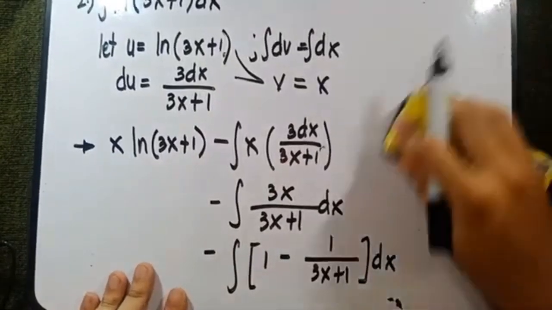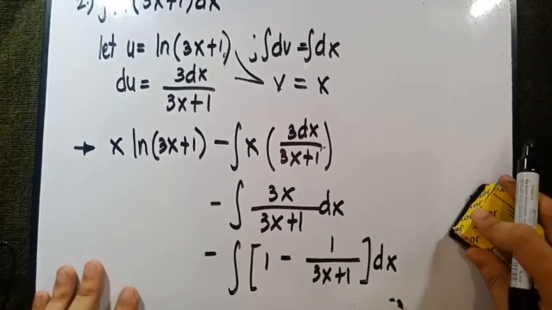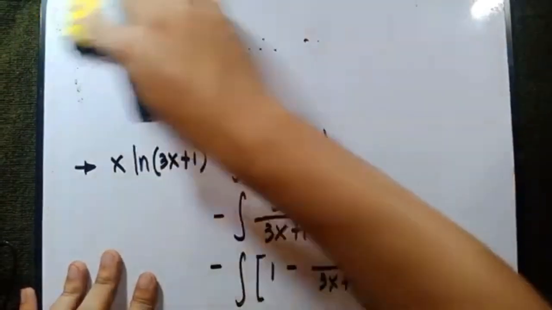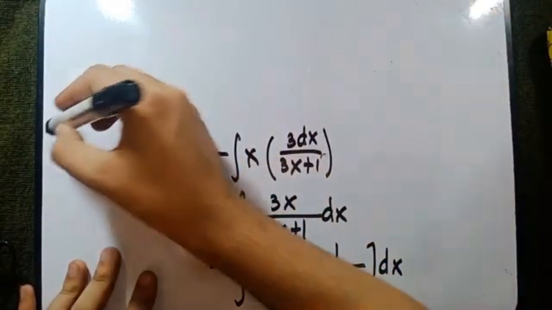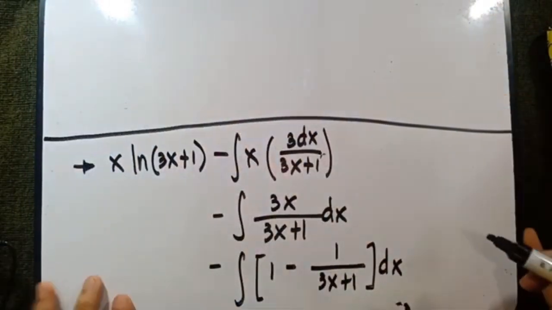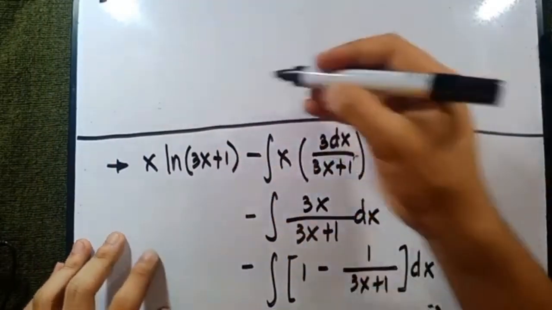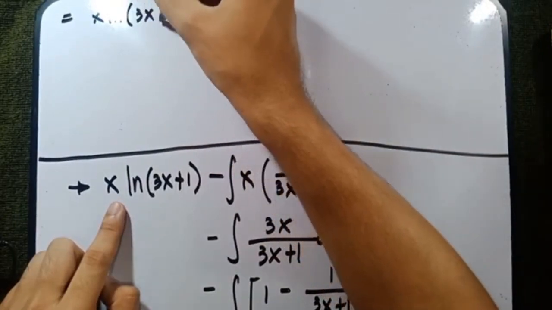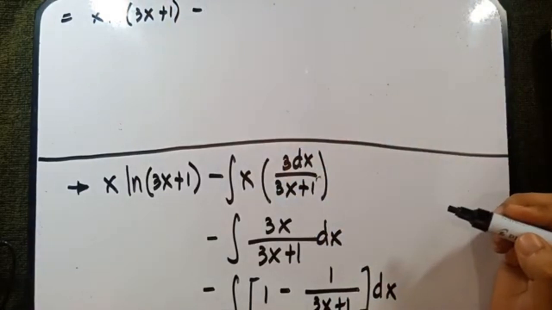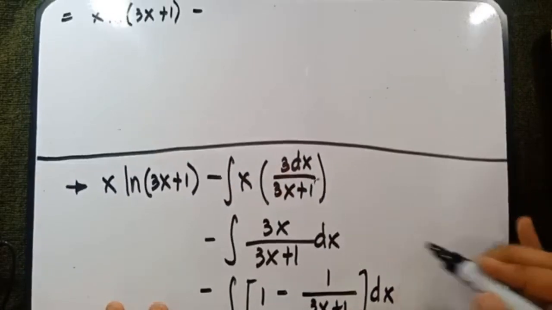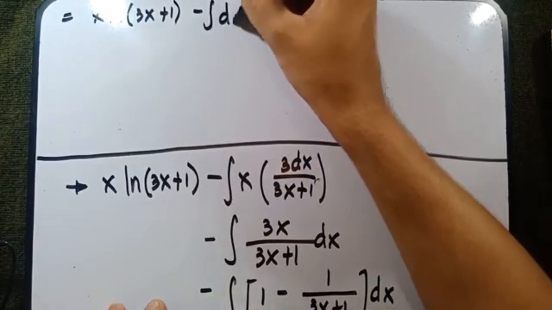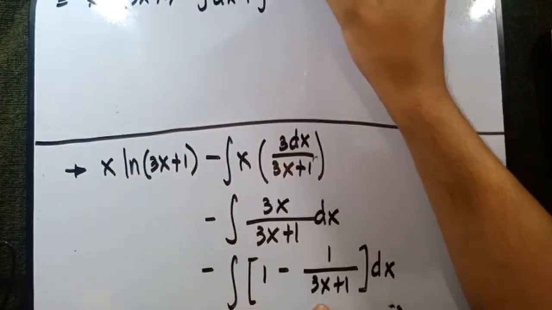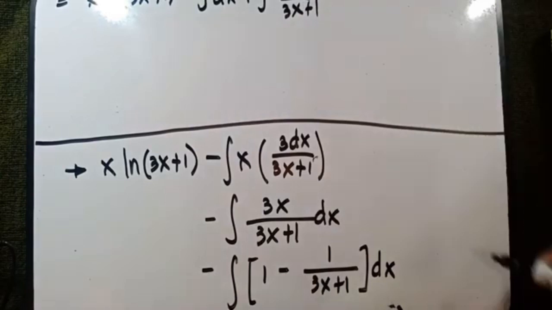Break this up. I'll put it up here, you already know this, and you can go back to the video if needed. So this becomes x ln(3x + 1), minus, distributing the dx and the integral sign, minus the integration of dx, so minus, that is plus, the integration of dx over 3x + 1.